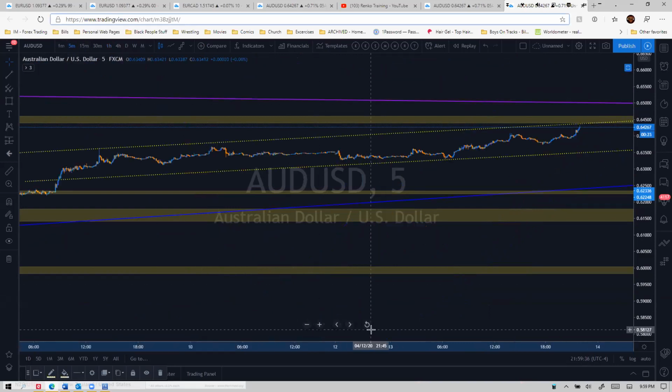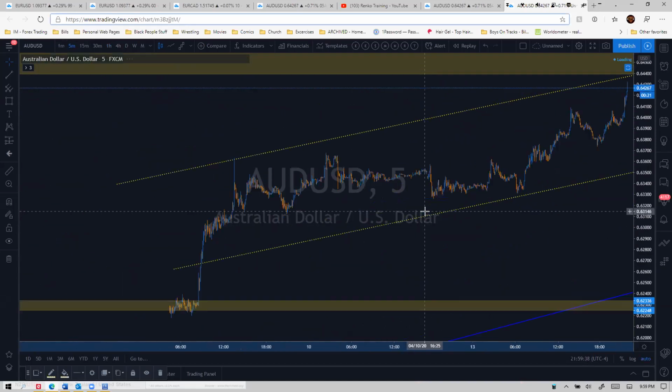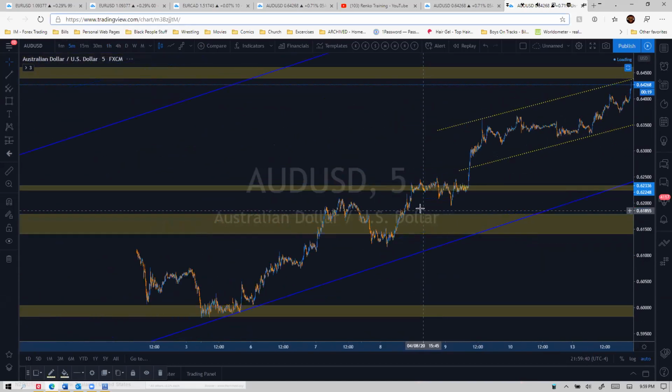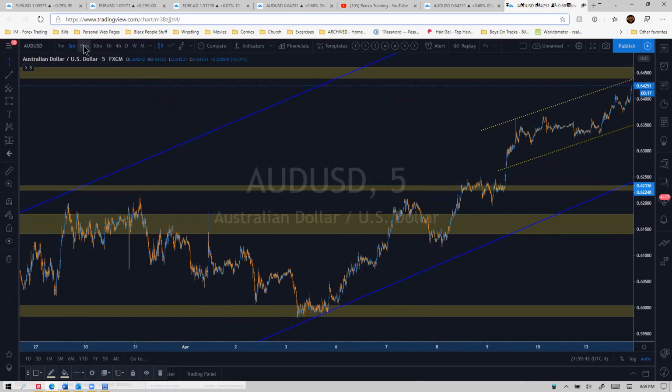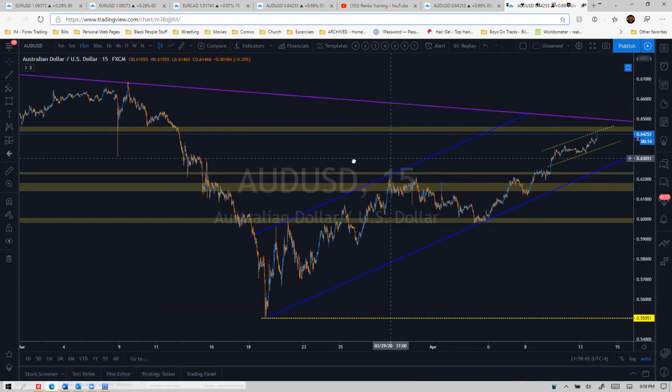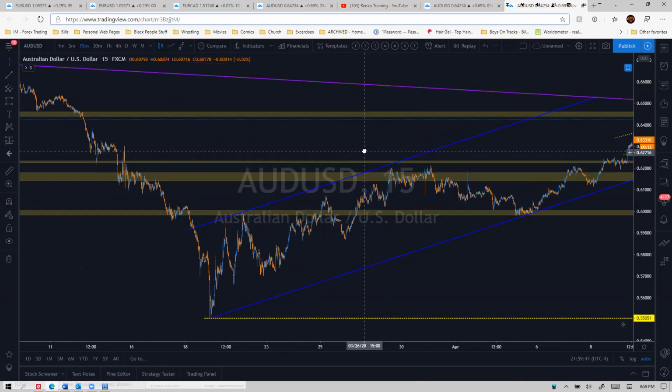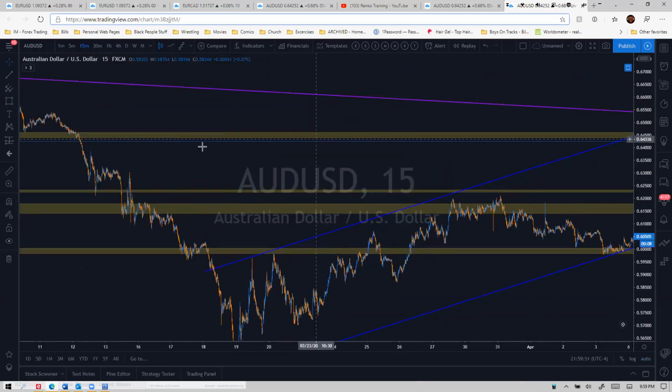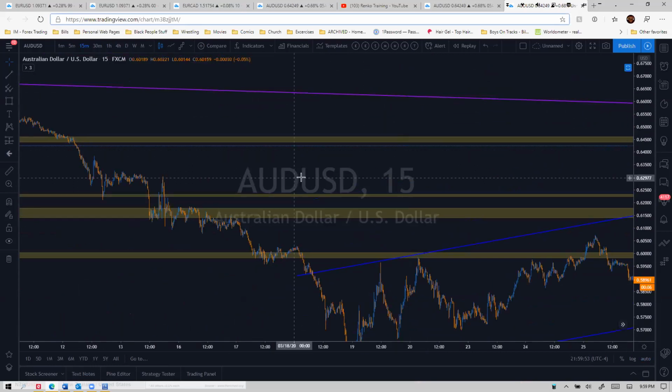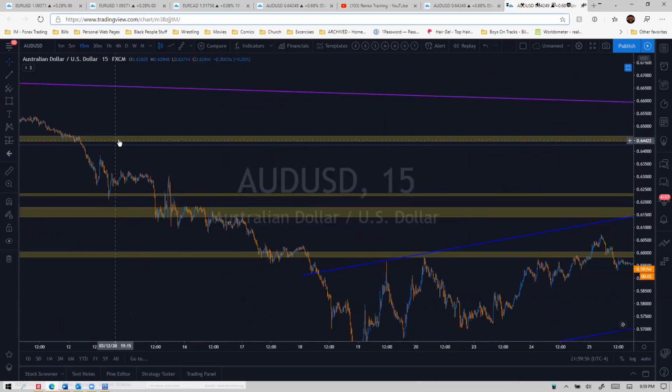Just drop to the 5 and see if there's anything that spots out. Let's go to 15. Right around in that area there.